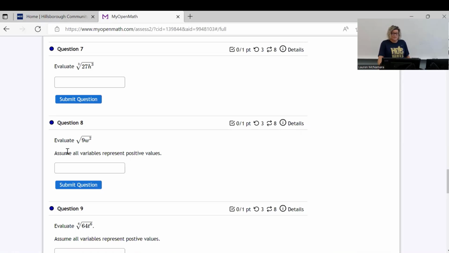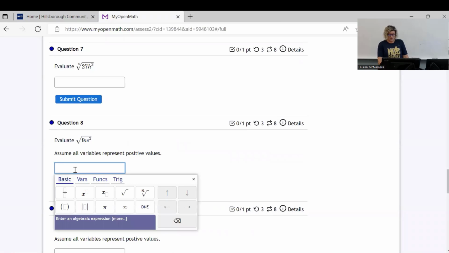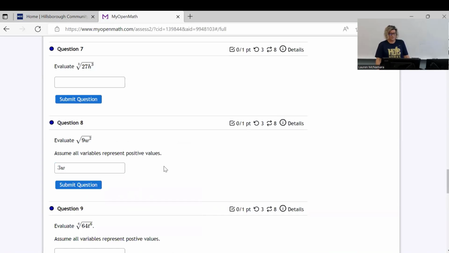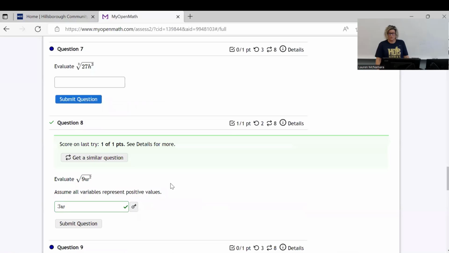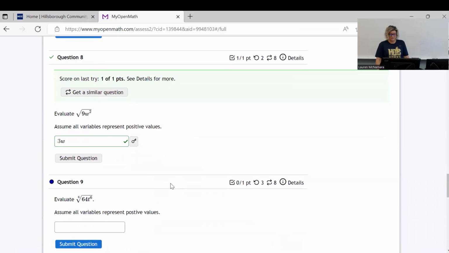So because it says that, you don't need that absolute value. It's telling you not to worry about it. So what's the square root of 9? 3. What's the square root of w? w. That's how you would do a question like that.